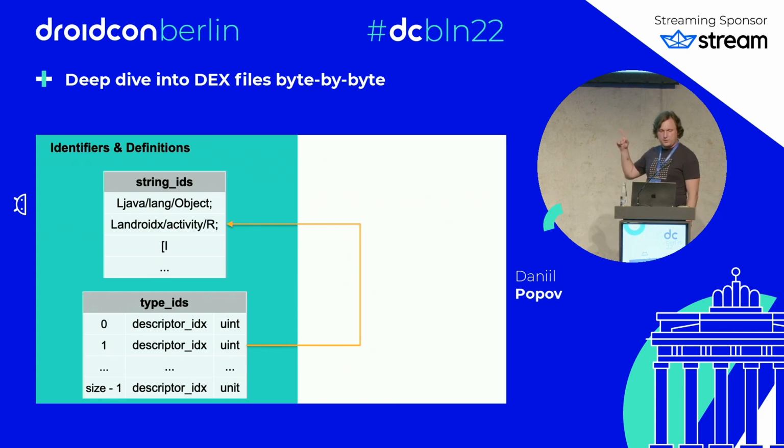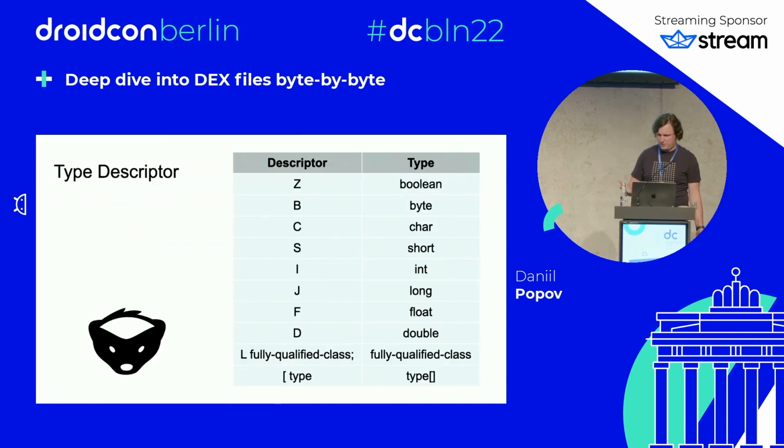But you might have noticed the weird format of these descriptions. If you have ever worked with JNI, which stands for Java Native Interface, then you may see that these types are familiar to you. If you haven't heard about this, here's a table for you, just have a look, pretty simple. B byte, C char, S short, J long, just because. Okay, that's how the type descriptor looks like.